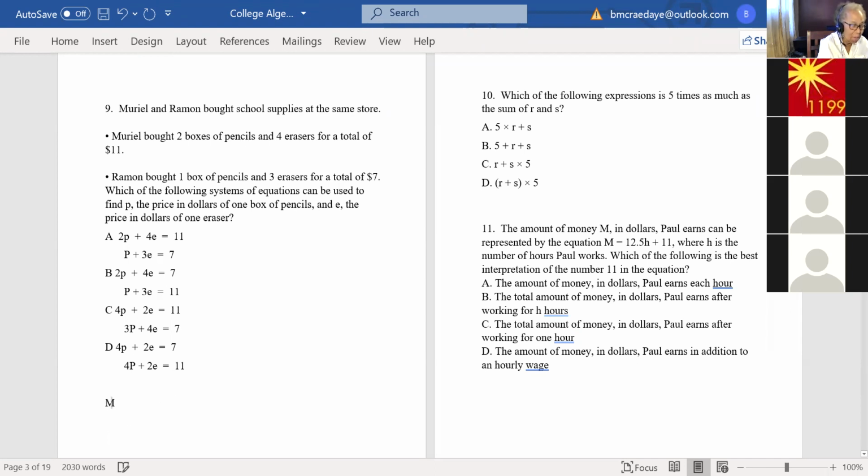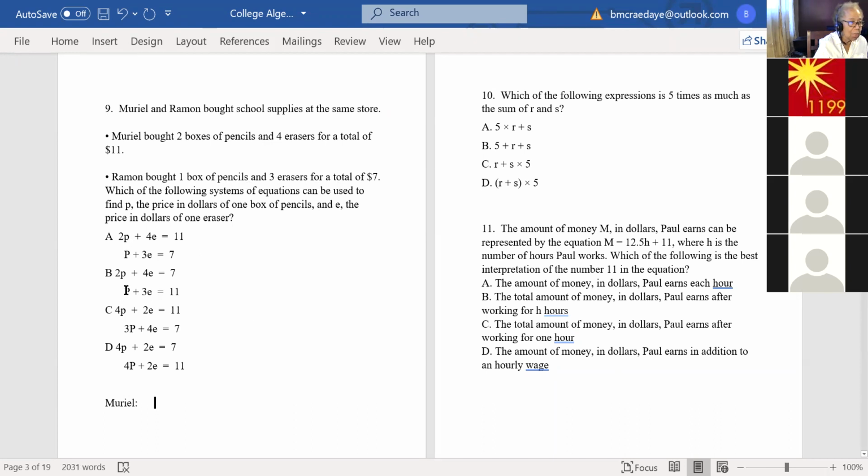Let's take Muriel. Muriel bought 2 boxes of pencils and 4 erasers for a total of $11. Right? So how would I write that as an equation, Latoya? Notice they're using P for pencils and E for erasers.